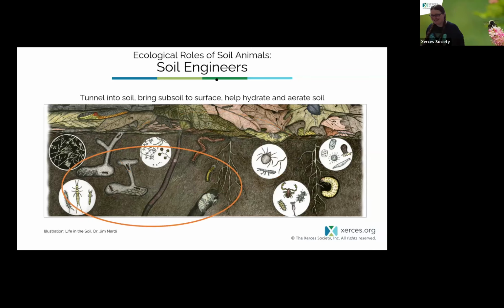And again, the soil engineers, tunneling into soil, bringing subsoil to the surface, helping to hydrate and aerate the soil, as you can see here. They create channels for plant roots as well, which prefer to grow through areas of least resistance, right? So that tunneling behavior makes those spaces for plant roots to expand.